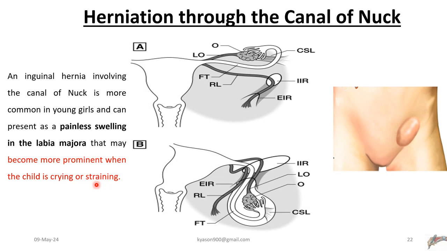That swelling is going to be more prominent because as they cry or strain during coughing, there's going to be increased intra-abdominal pressure that will force the structures to extend more into the canal of Nuck, resulting in prominence or more bulging of this area.